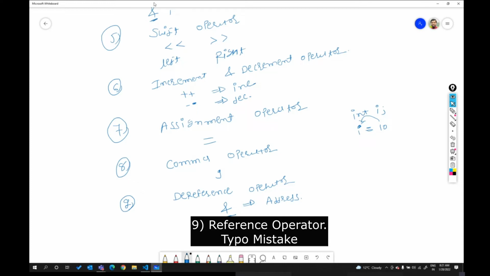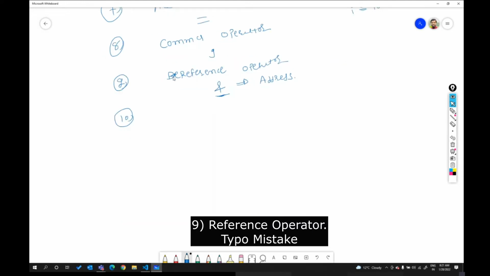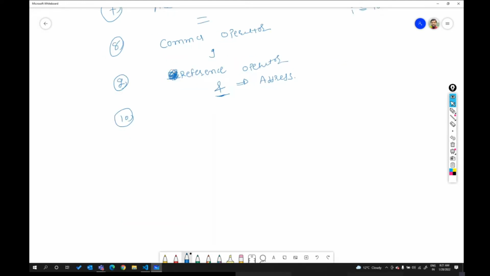And we will also use it for bitwise operations with the bits. Sorry, this is not the dereference operator. This is called reference operator, and the dereference operator is star. This is also called a pointer. So we will see both use cases in the concept of pointer.